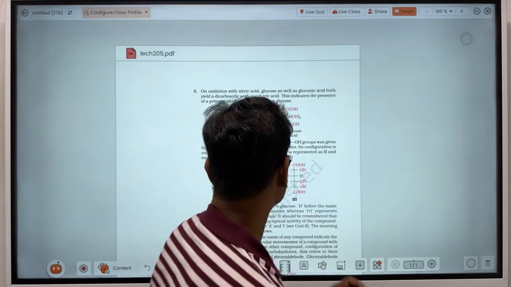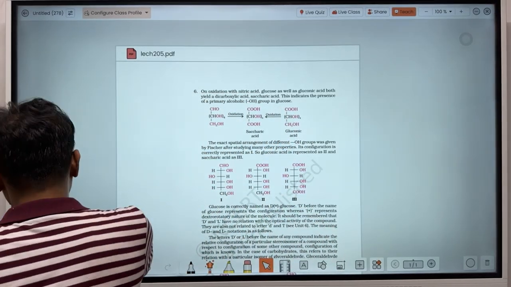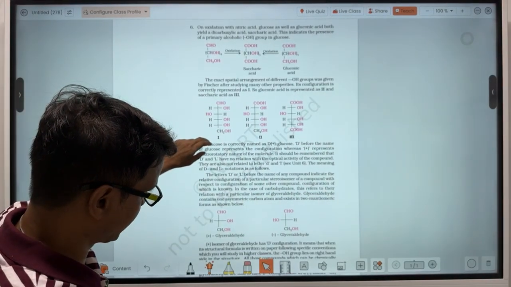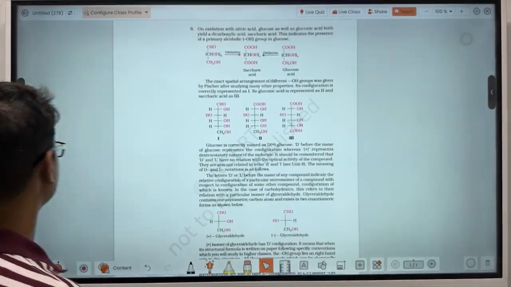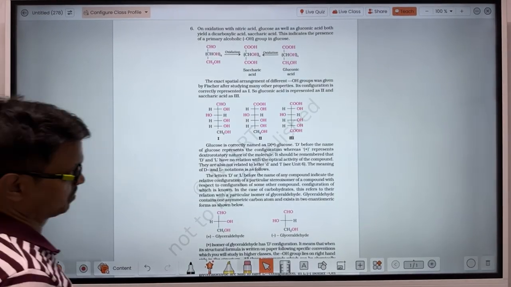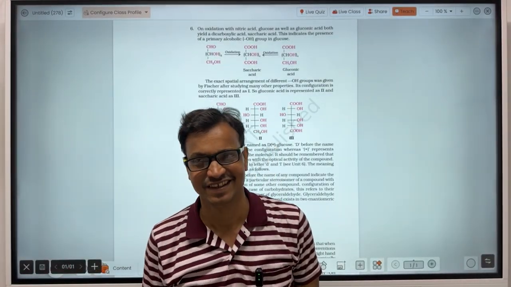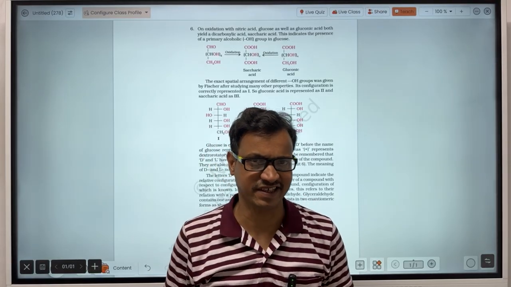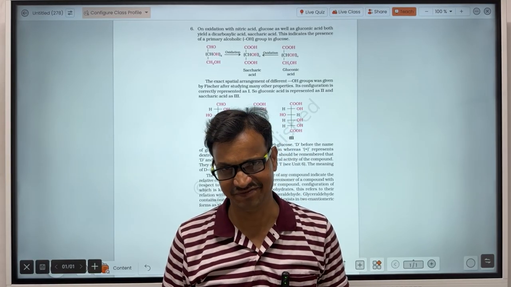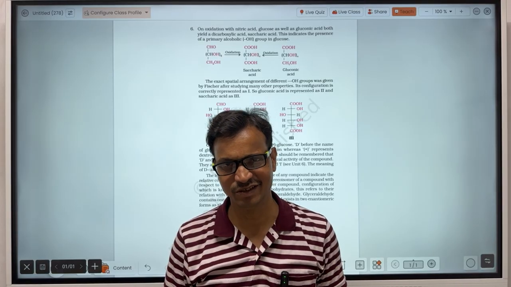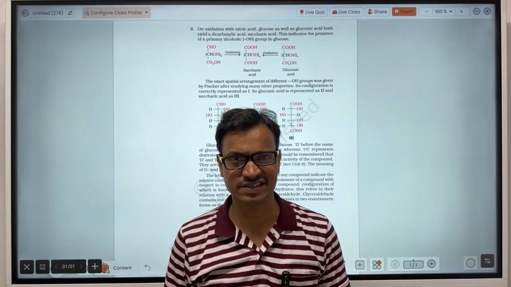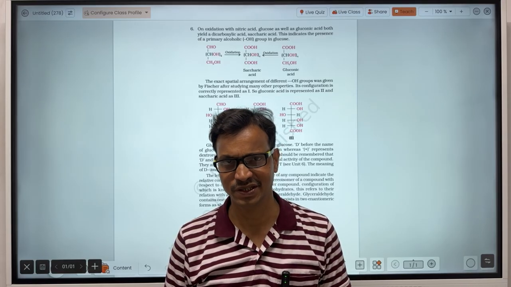Okay, now one question arises. There is one concept here: we indicate the plus sign for glucose. Why the plus sign? The plus sign or minus sign, or small d and l, indicates whether the compound is dextrorotatory or levorotatory.